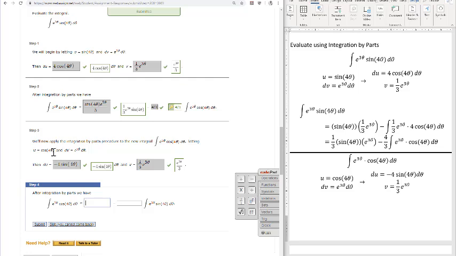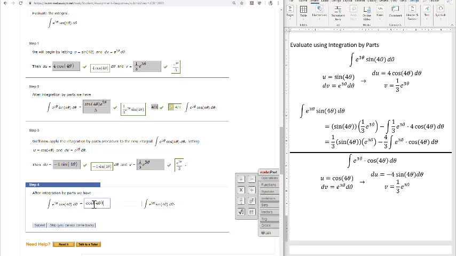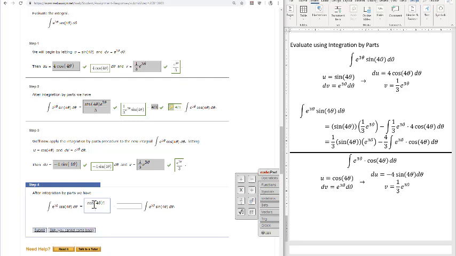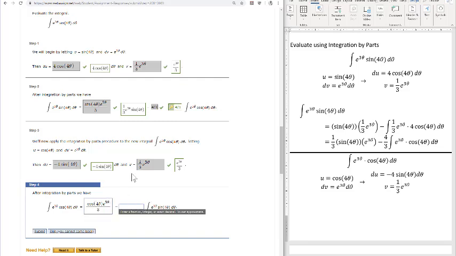Now uv: u was cosine, v was e to the 3 theta, so we have cosine 4 theta times 1/3 e to the 3 theta. And then now we have constants. There's a negative here, but there's a negative here as well, so this is going to be negative 4, and the denominator for the 1/3 e to the 3 theta is 3.